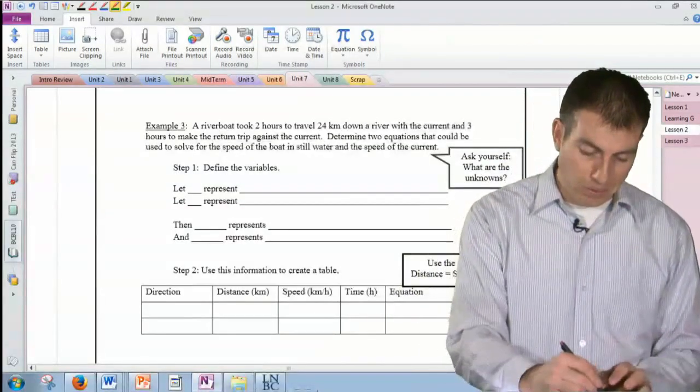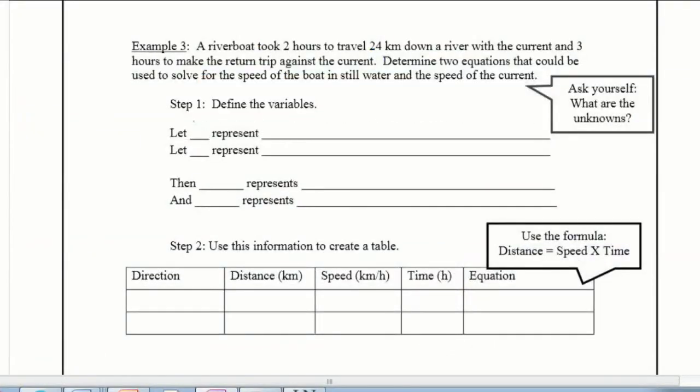So if we need to come up with letters to represent these things, I'm going to go B for speed of boat. And I'm going to write in still water. And then we have C as speed of current.